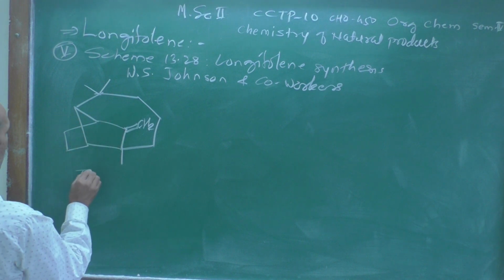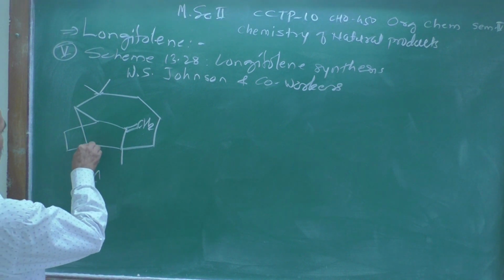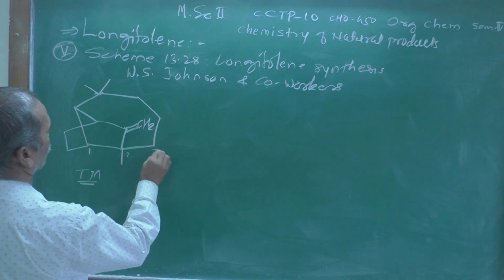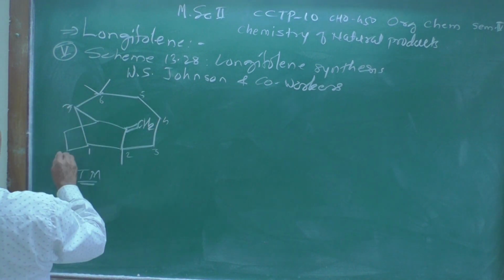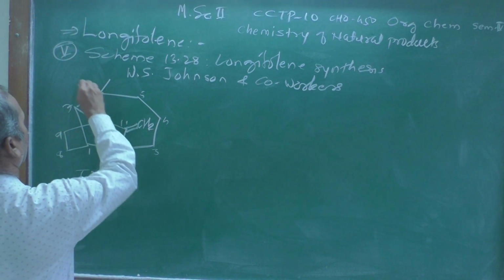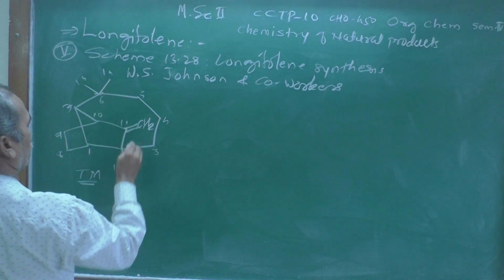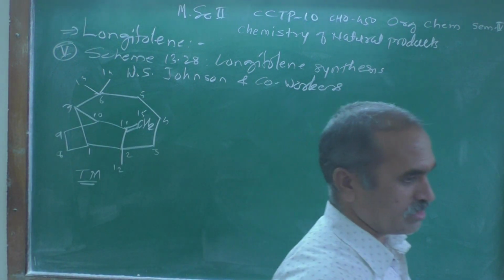This is the structure of the Longifolene, and the numbering system you also know: numbers start from here, 1, 2, 3, 4, 5, 6, 7, 8, 9, 10, 11, 12, then 13, 14, and the last one, the olefinic carbon, is 15. So this is the numbering.